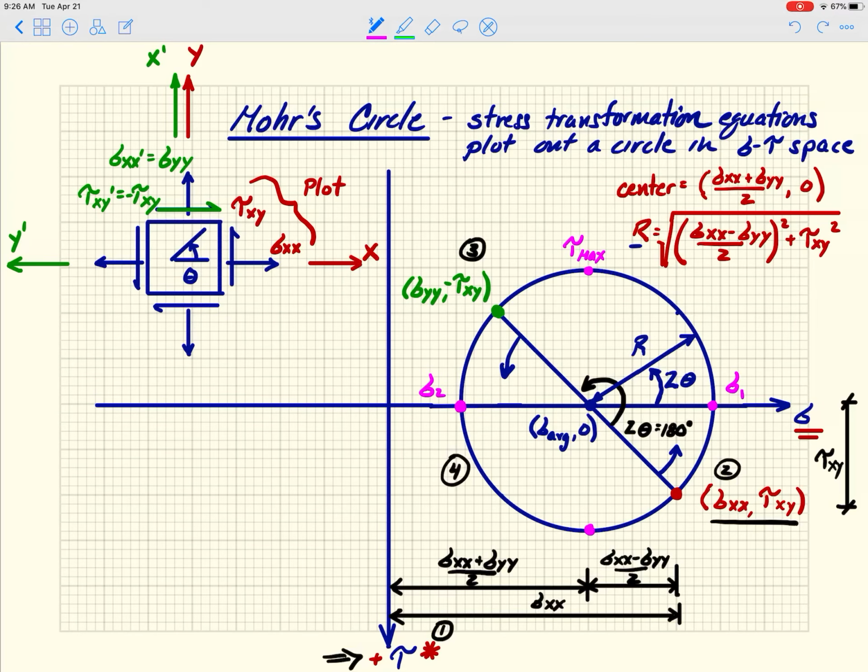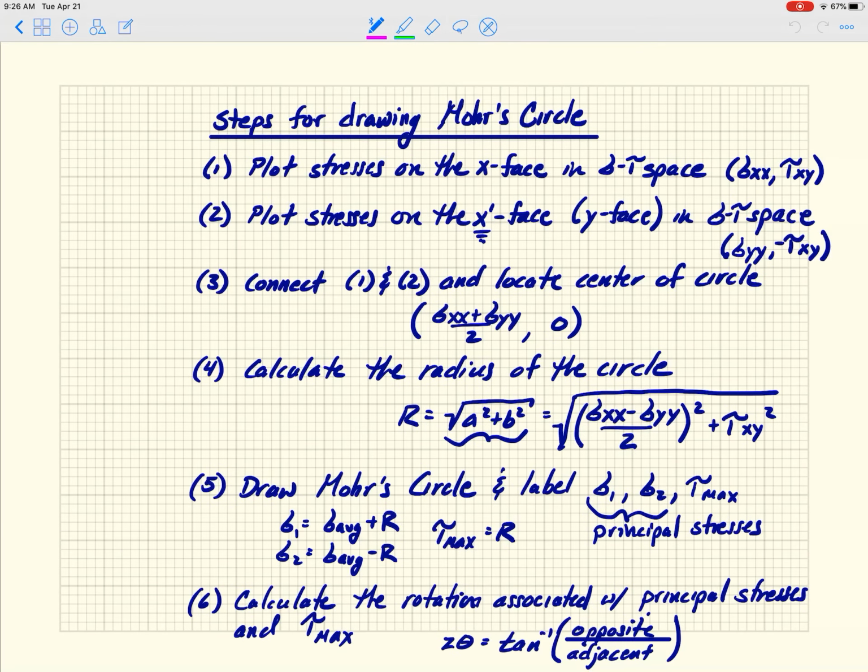I didn't put any numbers down, but when we put numbers down, you'll see you can ballpark your principal stresses, the angles, and the tau max. Then when you calculate it, because you'll be a lot more precise if you're actually running the numbers, you at least have some sense if those are reasonable stress levels or not.